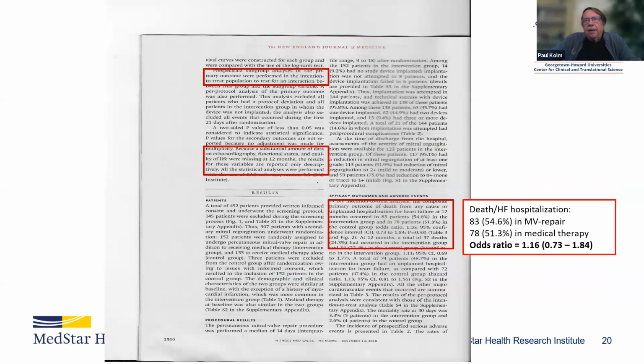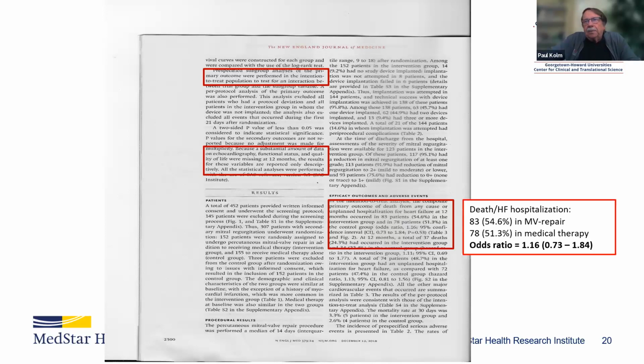You can have either death or hospitalization or both, but to not have the outcome, you have to have neither died nor been hospitalized. And they had some other variables they looked at, but they said they didn't really analyze those because of missing data.